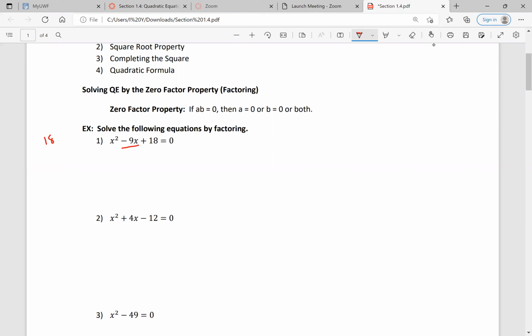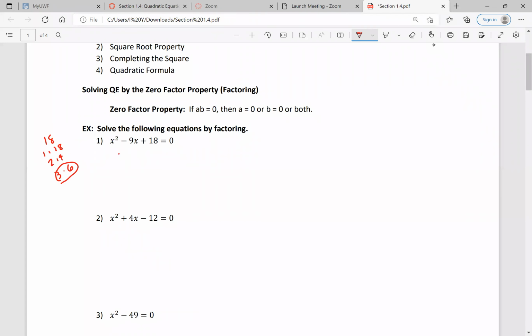Now what I do is I take this 18 and I think about the factors of 18. And what I'm looking for is two factors that when added together give me 9. And that is -3 times -6 in this case.